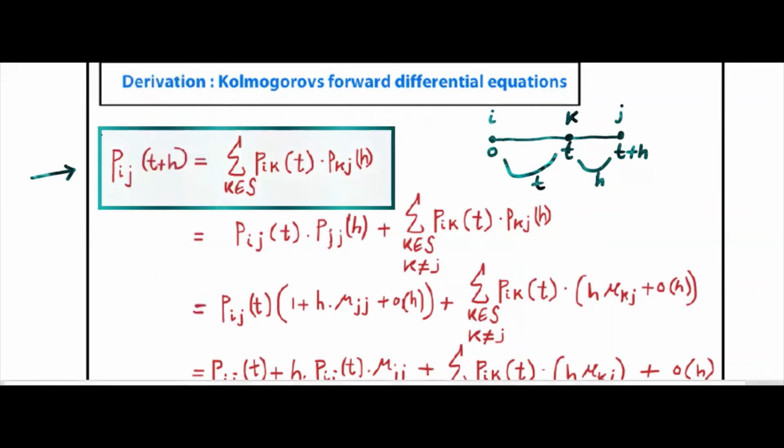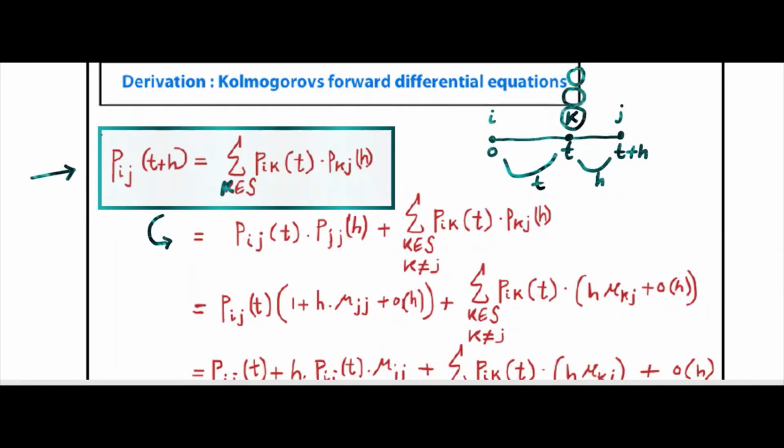Now from here, if you want to come to this line, I've written P_ij(t), P_kj(h), k belongs to state space. So here there could be 2 to 3, k1, k2, k3, whatever.